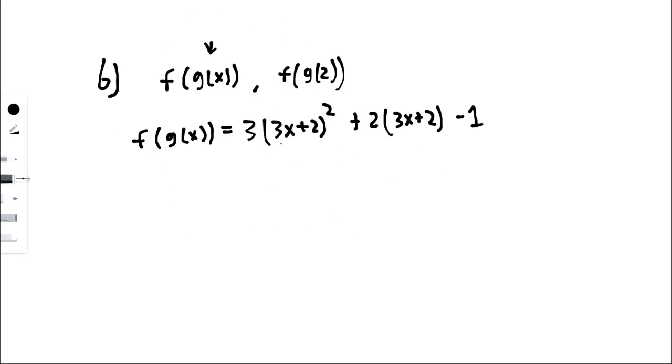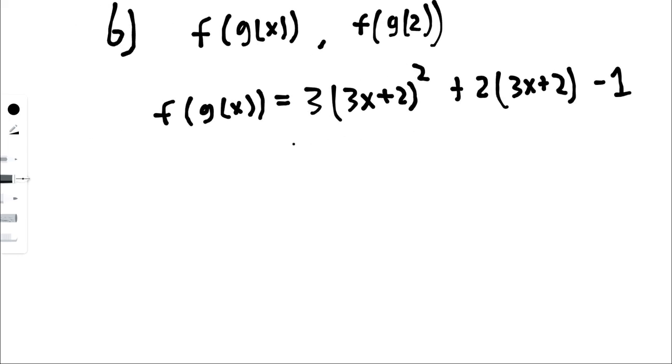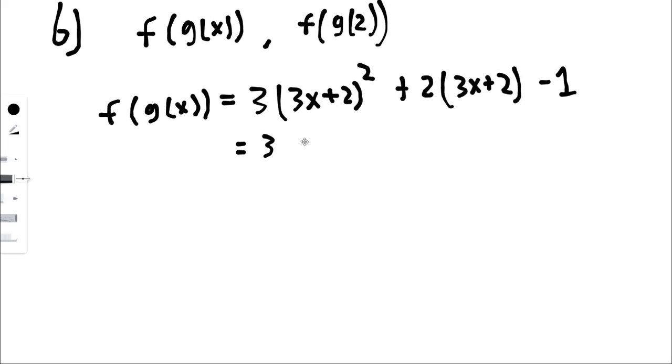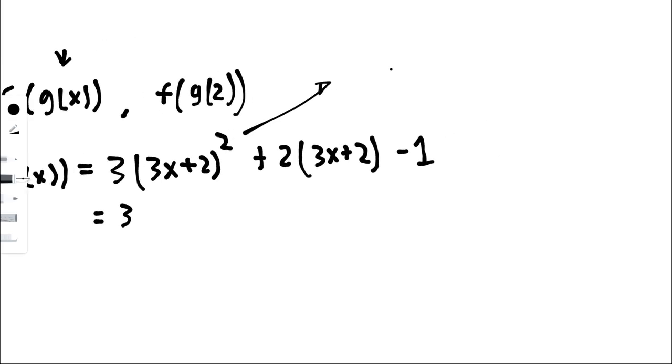This is going to be a little bit annoying to expand, so I'll do that now. So this will be 3. And then if you remember how to expand this, this squared basically just means that it's 3x plus 2, and then it is also being multiplied by 3x plus 2.